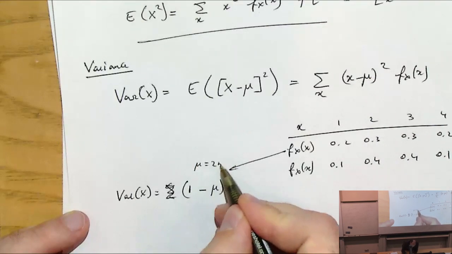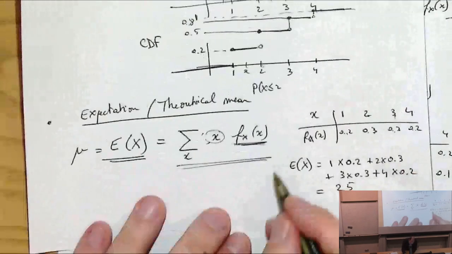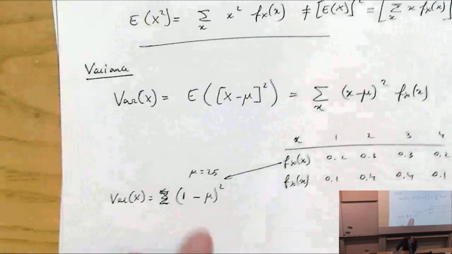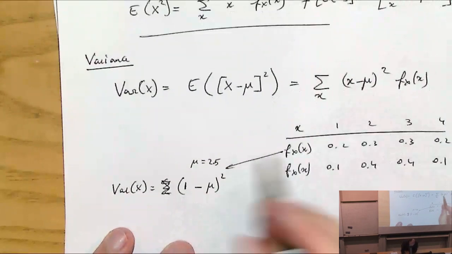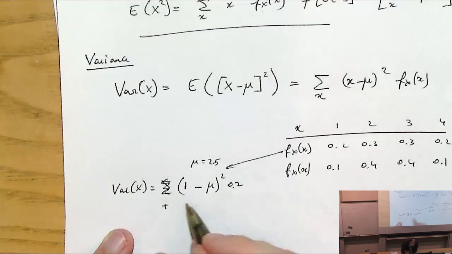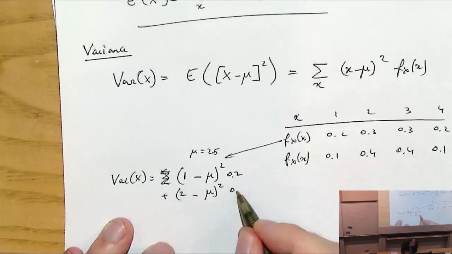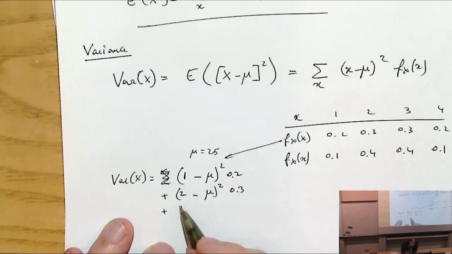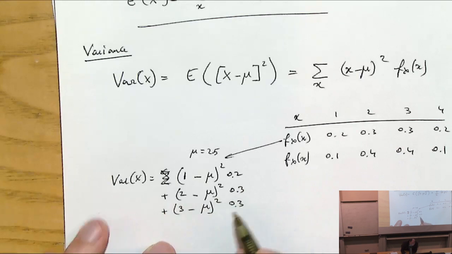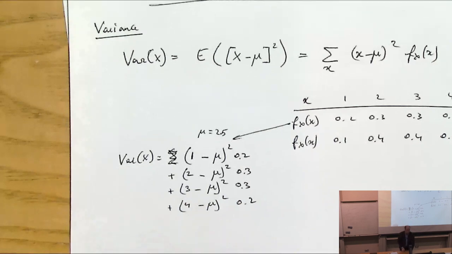Mu is equal to 2.5, which we computed before. So (1 minus mu) squared multiplied by f of x, which is 0.2, plus (2 minus mu) squared multiplied by 0.3, plus (3 minus mu) squared multiplied by 0.3, plus (4 minus mu) squared multiplied by 0.2, right? If you plug the value of mu, 2.5, into this, you can compute the variance.